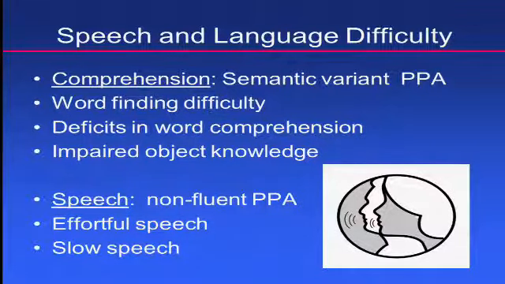In those with non-fluent PPA, speech is affected. So again, speech becomes very effortful, very slow, and it's important to give your loved one time to express themselves. But in this case, the comprehension is normally preserved. It's primarily the motor aspect of speech that is affected.